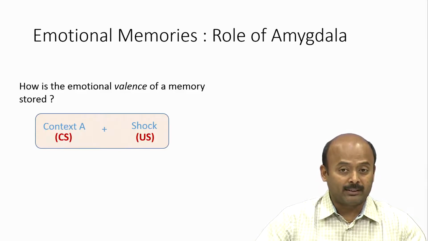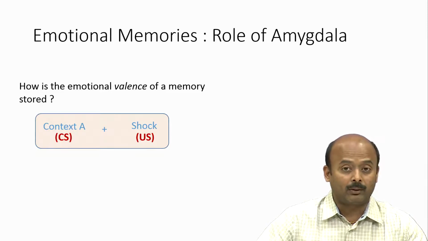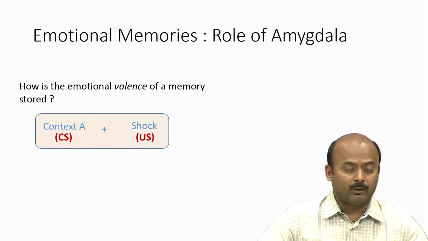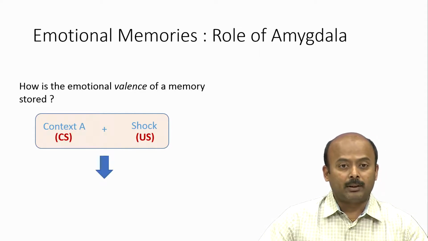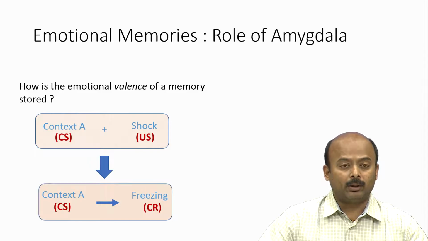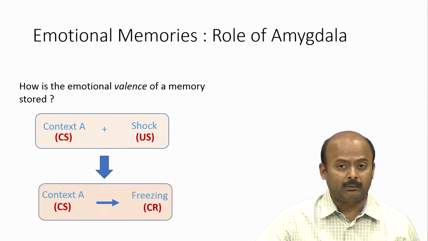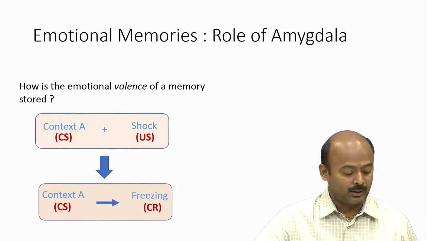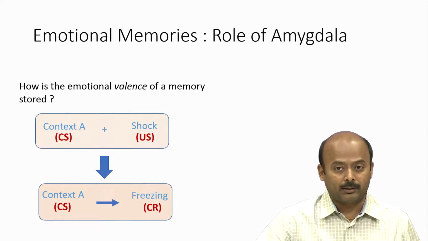Okay. We know that the memory per se is stored, that you have a context. For example, we take a context that acts as a stimulus here, CS, and then pair it with a shock. Eventually, when you place the animal in this context, what you are actually looking at is the ability of the context to elicit a response in the animal all by itself.